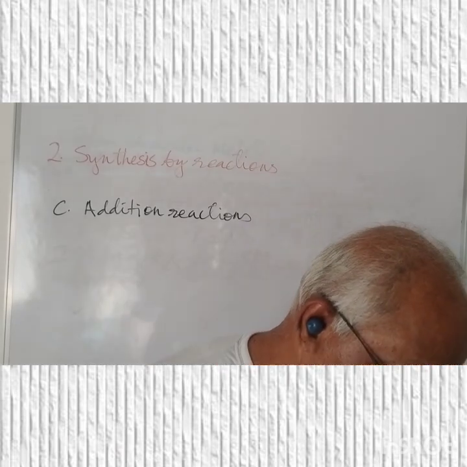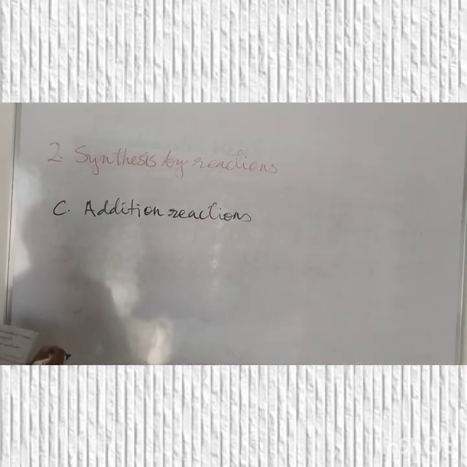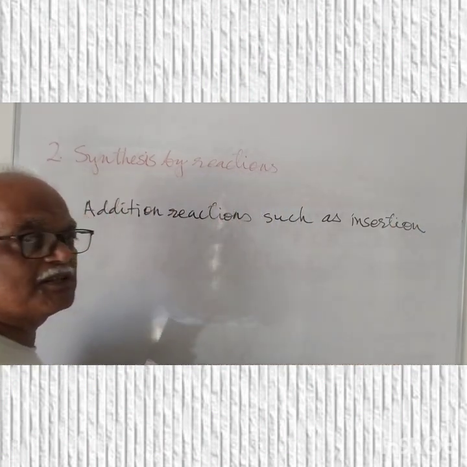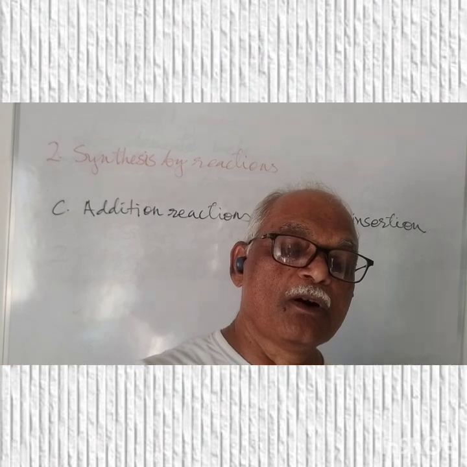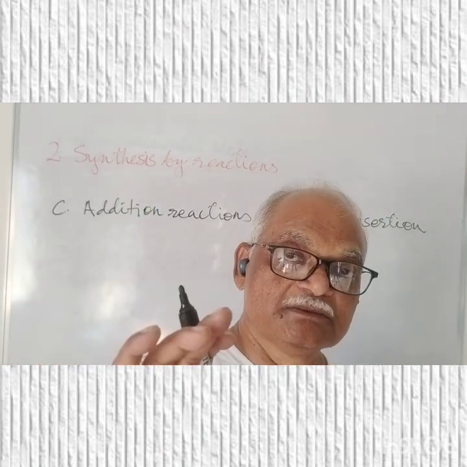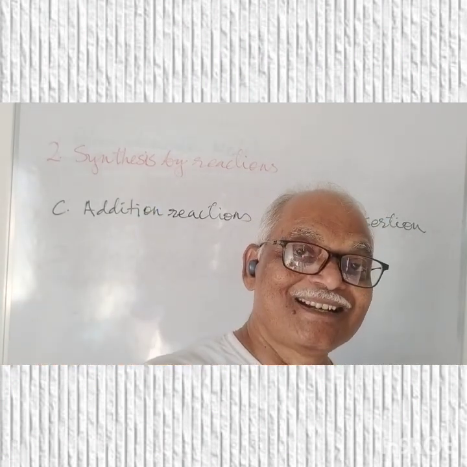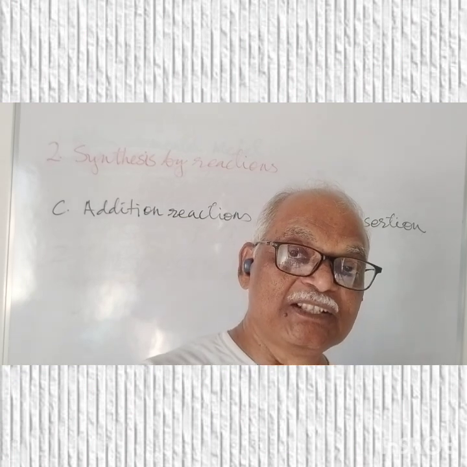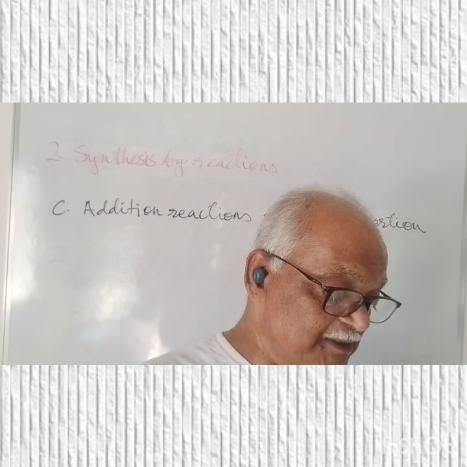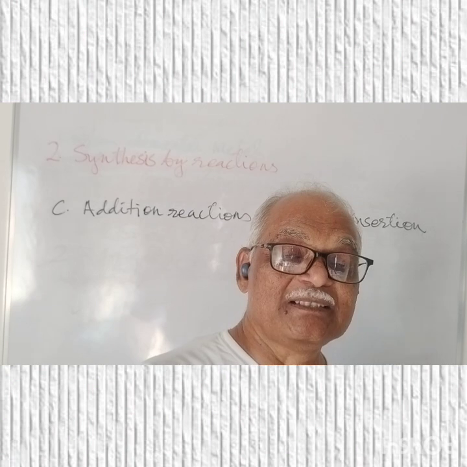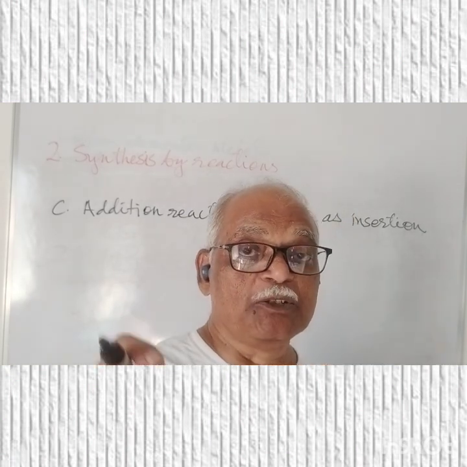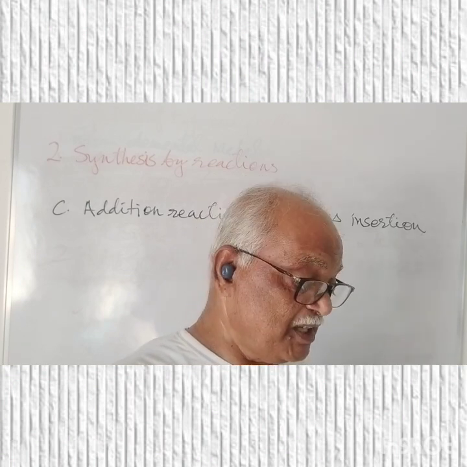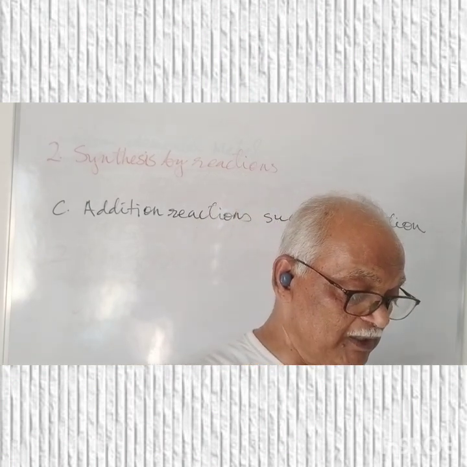For example, such as insertion, means either an atom or a group is inserted between the metal and any other atom. That is, a bond is broken, and the other atom or a group is inserted into that bond.